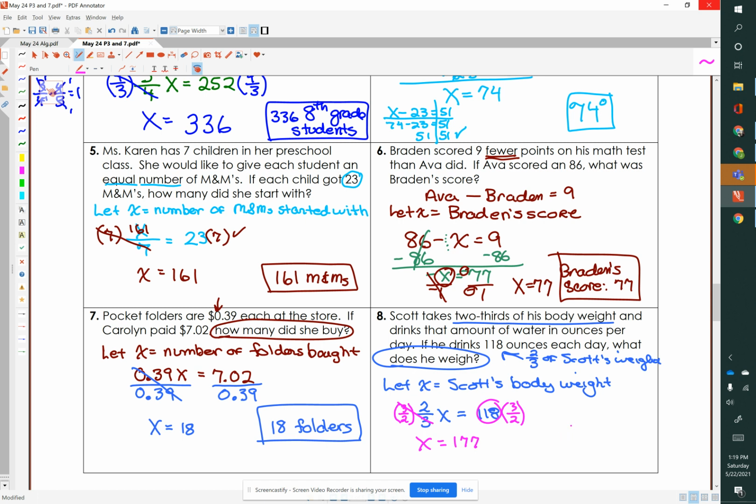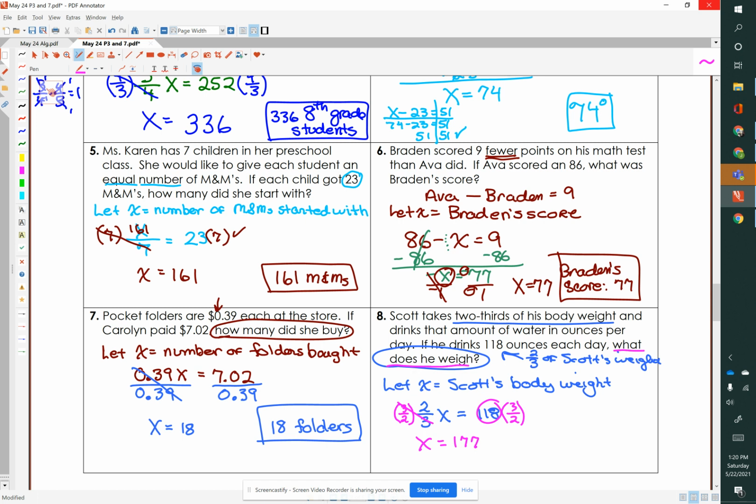It represents his weight, his body weight. Now be careful, okay? He does not weigh 177 ounces. He drinks an ounce of water for every pound he weighs. So the question is, what does he weigh?